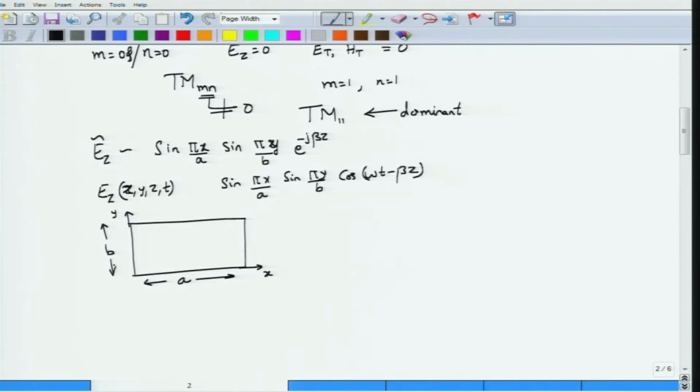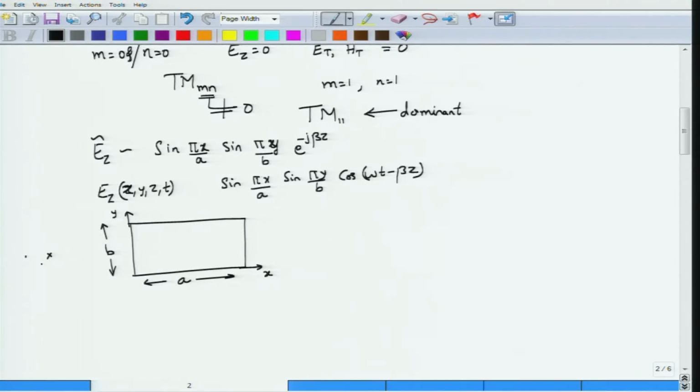What would be the electric field component Ez? Ez would be coming out of the page. Use your right hand rule to check that x cross y points out of the page. So we will not be able to just draw a line; we will have to mention them by dots and crosses.